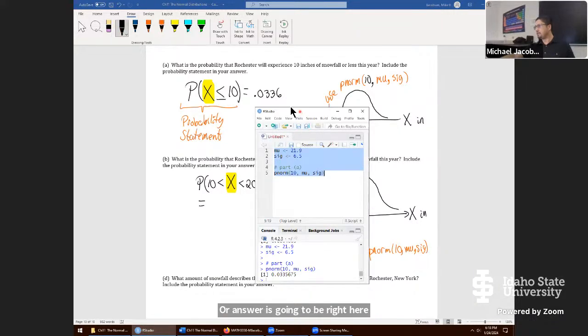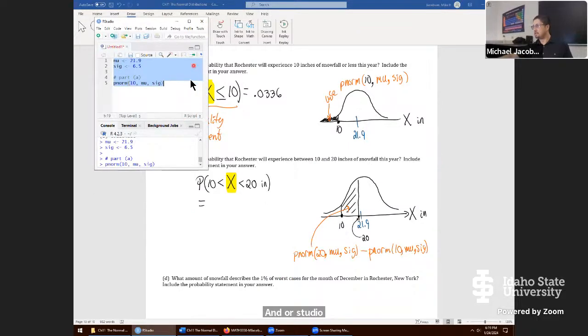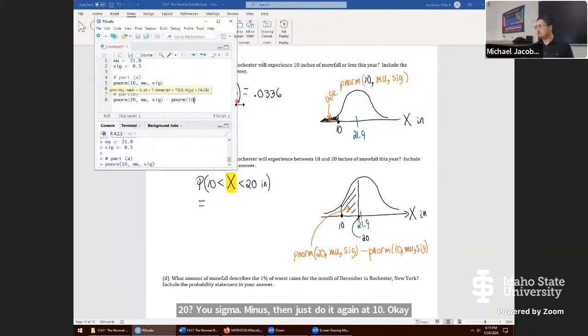And in RStudio, once I get the cursor in the right spot, there we go. This is pretty much what I would be looking at, either the probability statement or the graph. Let's look at the graph. I'd go pnorm 20, mu, sigma, minus, then just do it again at 10. pnorm, mu, sigma.